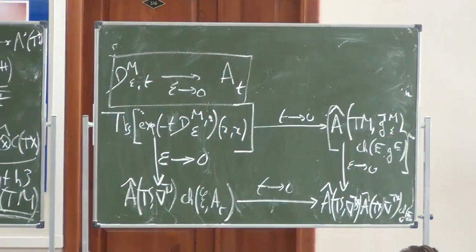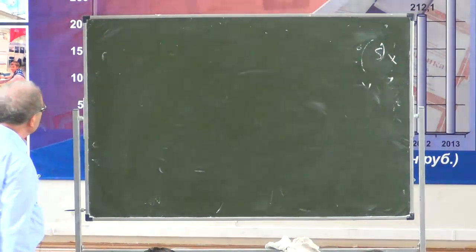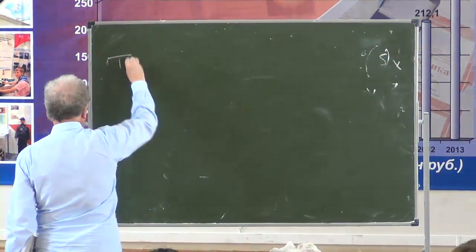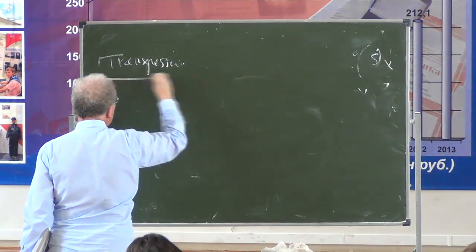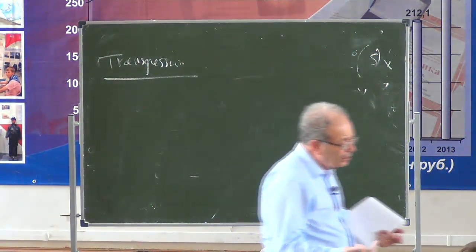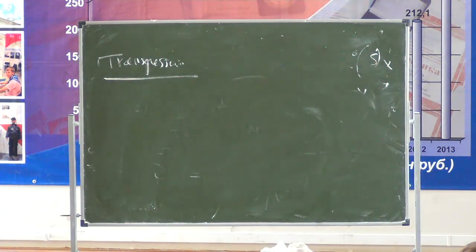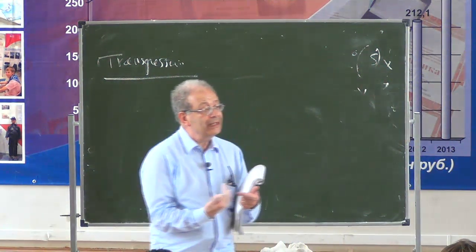So now, very briefly, transgressions. In usual Chern-Weil theory, you know that if you take the Chern-Weil forms associated to different connections, you can express the difference of the Chern-Weil forms in a canonical way as the d of some explicit form, which is the so-called Chern-Simons form.